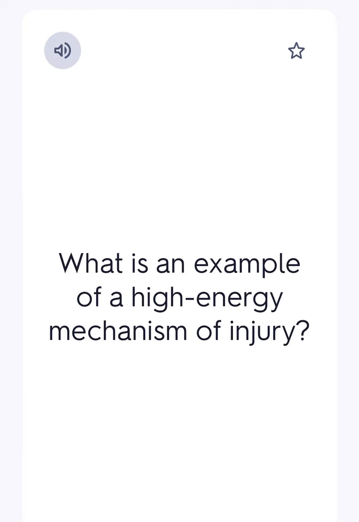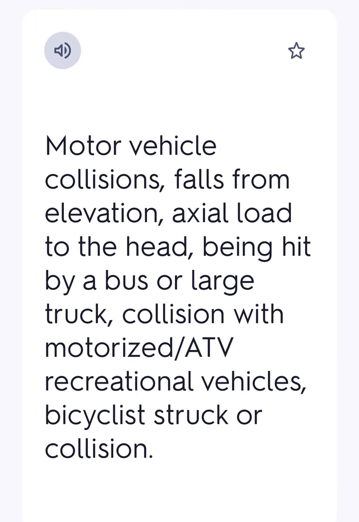What is an example of a high-energy mechanism of injury? Motor vehicle collisions, falls from elevation, axial load to the head, being hit by a bus or large truck, collision with motorized/ATV recreational vehicles, bicyclist struck or collision.